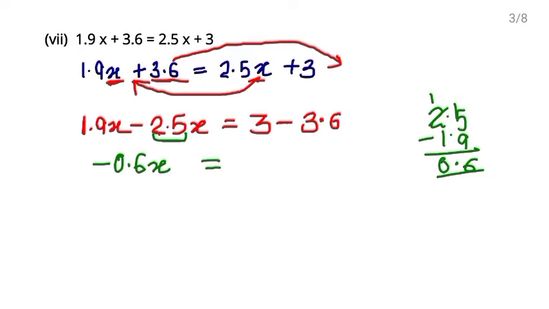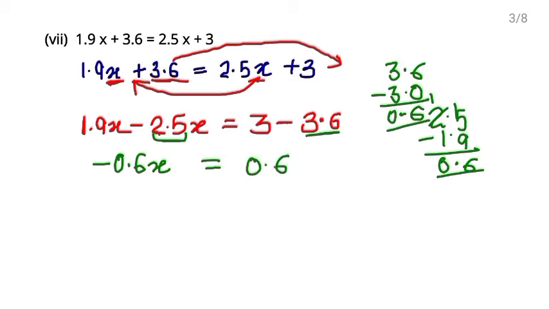Now these two terms are of different signs, right? So we will subtract them. So from the greater term, which is 3.6, subtract 3. 3 can also be written as 3.0, right? Subtract from 6.0, right? So you are getting 0.6.